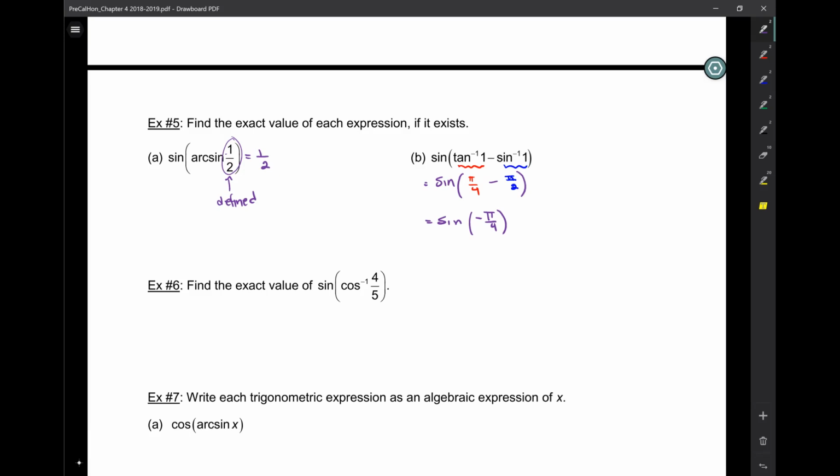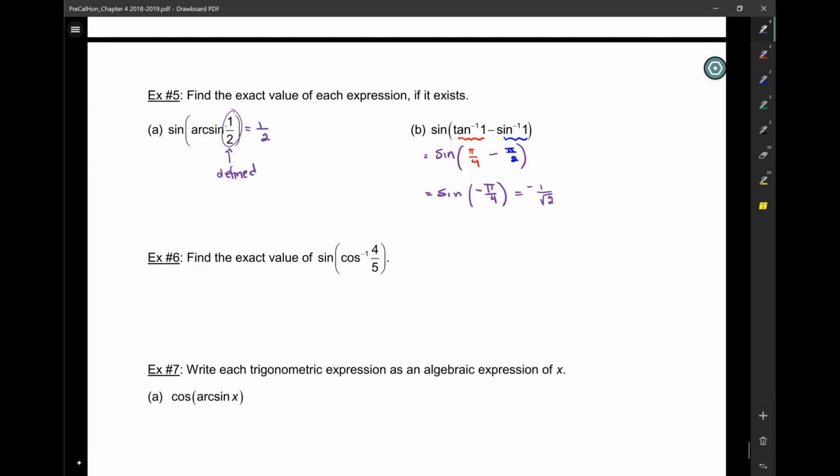What's sine of pi over 4? Root 2 over 2, or 1 over root 2. But if it's negative pi over 4, then it's negative 1 over root 2. A quarter pi minus half a pi: a quarter minus a half is negative a quarter. So it'd be okay to write root 2 over 2, as long as it's negative.